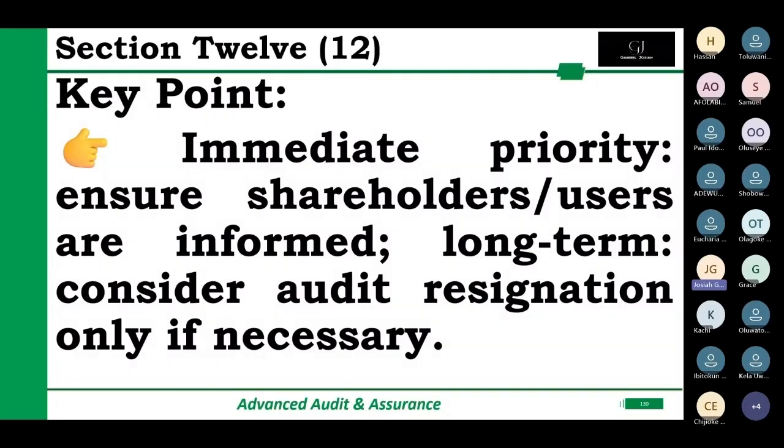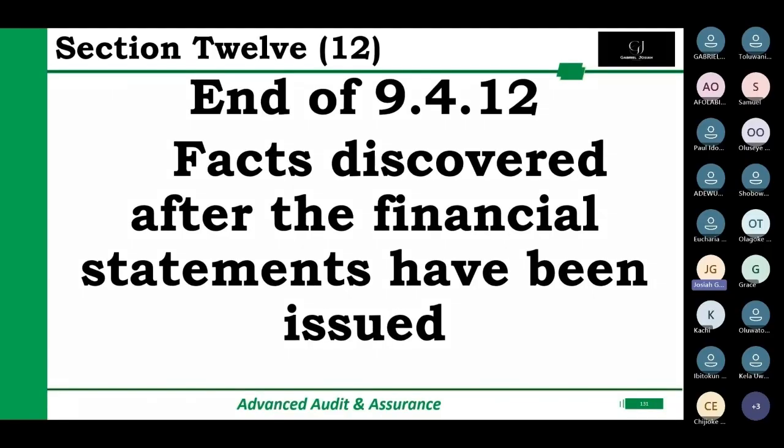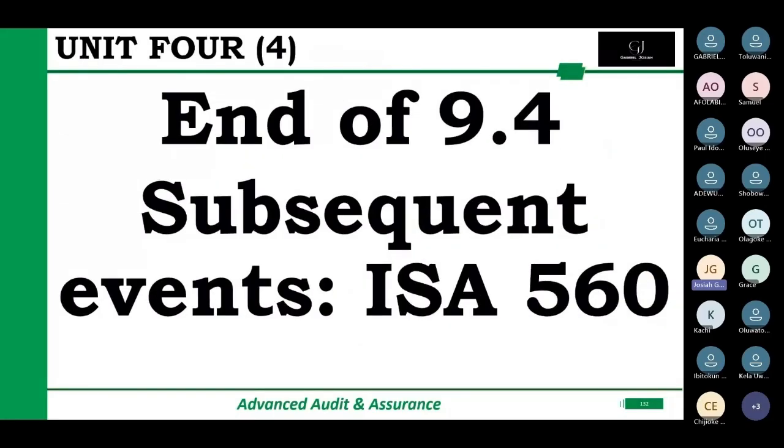After audit reports have been issued and financial statements are already published, he needs to say, hey, this has come to our attention, and it could affect the decisions you make based on your investments and your stake in this company. And he also needs to consider audit resignation if necessary, especially where management has refused to cooperate appropriately based on these findings. So that's it about facts discovered after the financial statements have been issued.